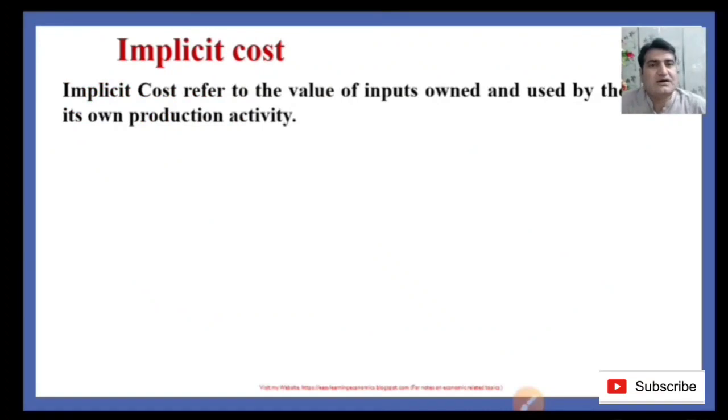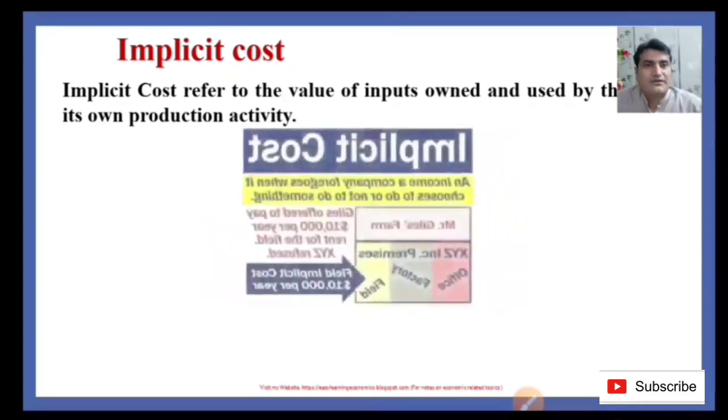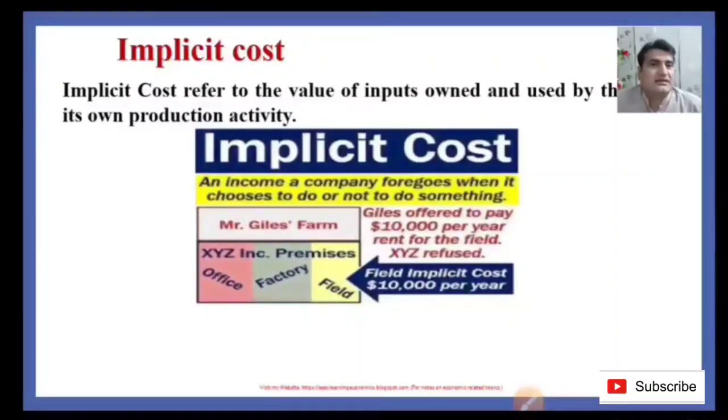What is implicit cost? Implicit cost refers to the value of inputs owned and used by the company or the firm in its own production activity. We may define implicit cost as an income a company forgoes when it chooses to do or not to do something.